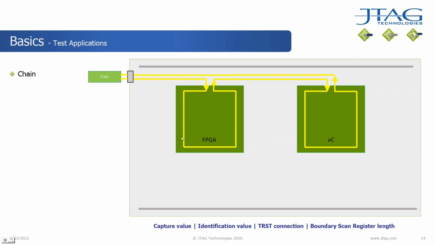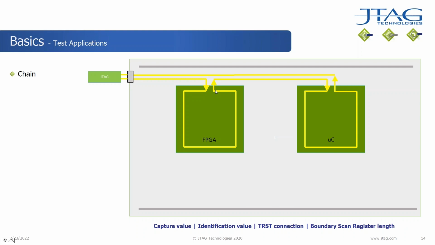And they're currently shown going around the boundary register, out of the FPGA, back into the microcontroller, back out, and so on. And one of the fundamental things that we want to test first of all is the continuity of this line and also the continuity of the control signals. That's the test clock and the test mode select.